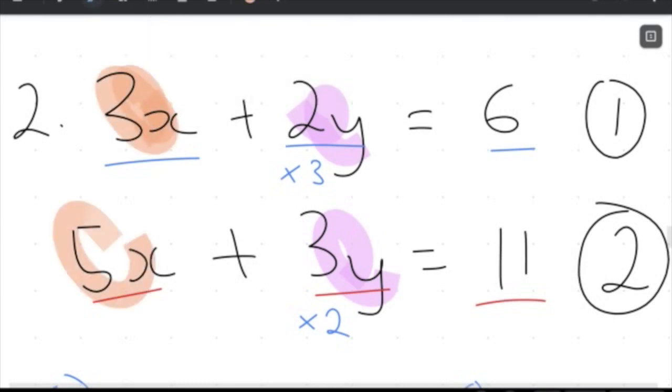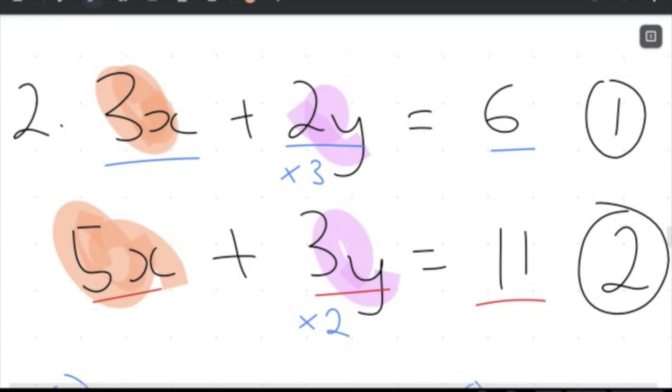You could have found that the lowest number that 5x and 3x go into is 15x. So you could have timesed the top equation by 5, the bottom by 3, and then just done the same elimination to get just your y's remaining. But no matter which way you do it, when you do this elimination by subtracting the 2 equations, you will get the same solutions no matter which way you go about it.